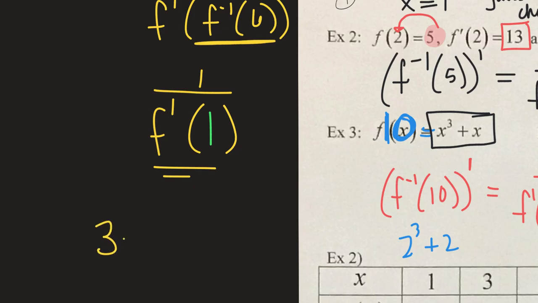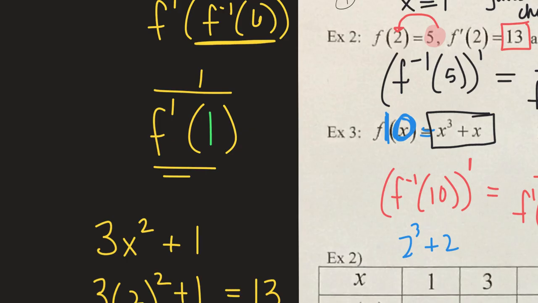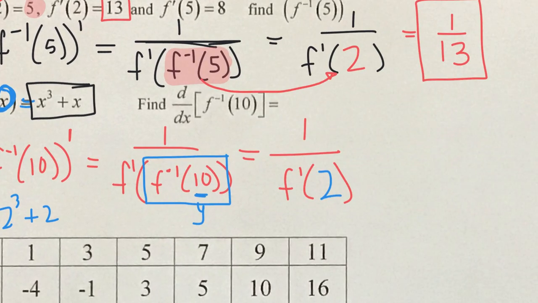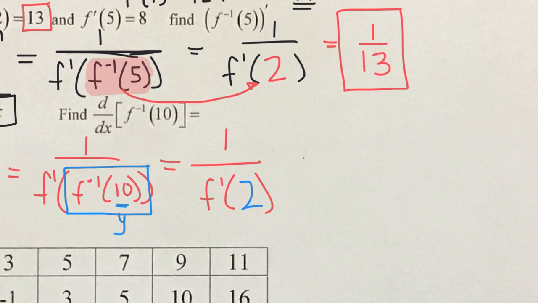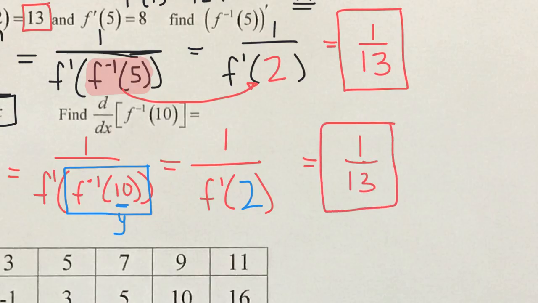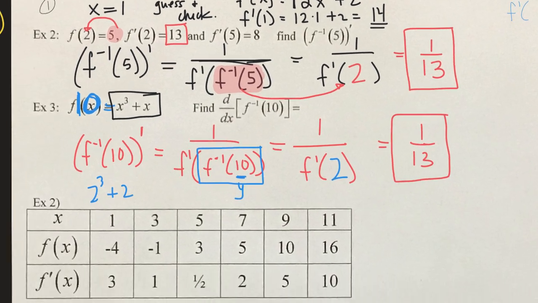The derivative is 3x squared plus 1. And I'm plugging in a 2. That's 4, 4 times 3 is 12, 12 plus 1 is 13. So my answer is 1 over 13. Completely coincidental that that was also the answer for the one before this. Right? Completely coincidental.